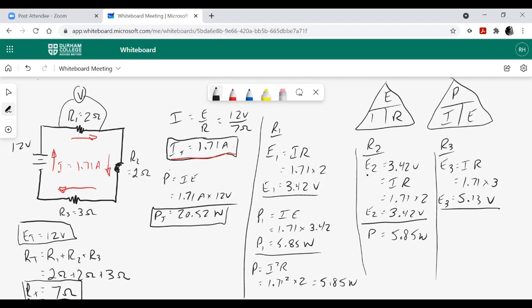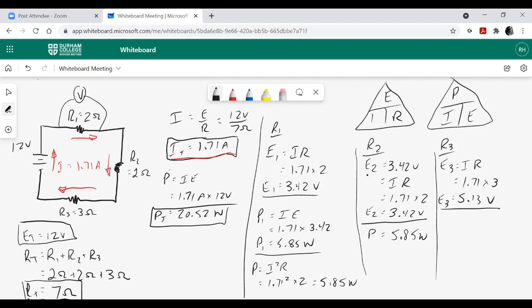Now, my voltage drops need to add up. So this is my final check. Okay, I can close this circle and verify, say you're doing a test or something. I don't need to guess at whether I'm doing the questions right. I don't need to wait until we get the test back to know whether I got them right. I know that all of my voltage drops need to add up to equal my source voltage.